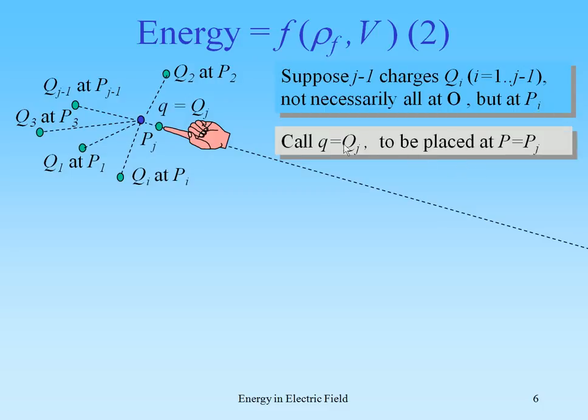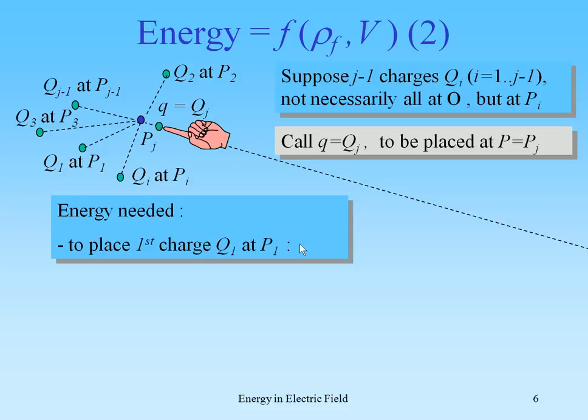And now we bring another charge small q, qj, to be placed at point pj, as is seen here. What is the energy needed for this operation?